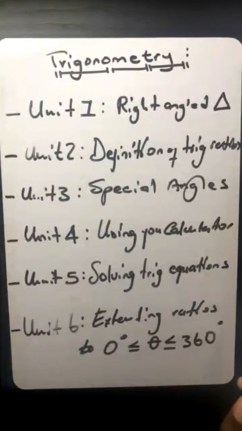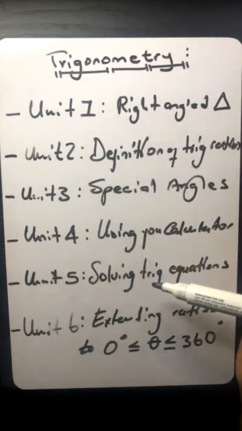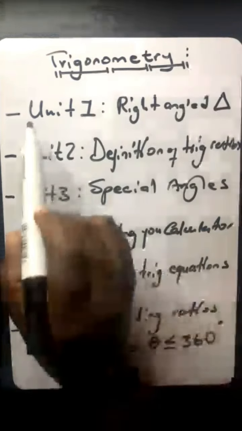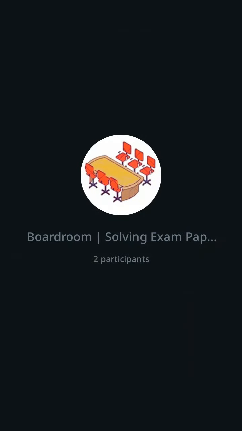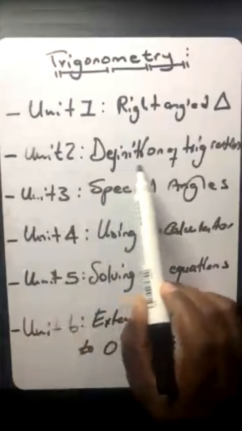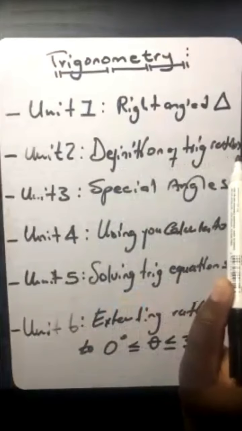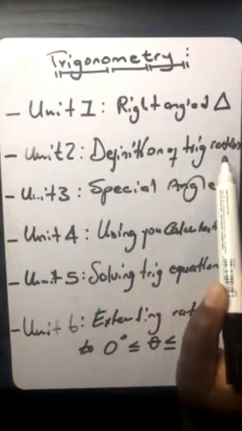All of this, let me not remove it, we'll just use it as reference. Under Unit 1, we'll have a quick chat regarding the right-angled triangle. Unit 2, we look at definitions of trigonometric ratios.